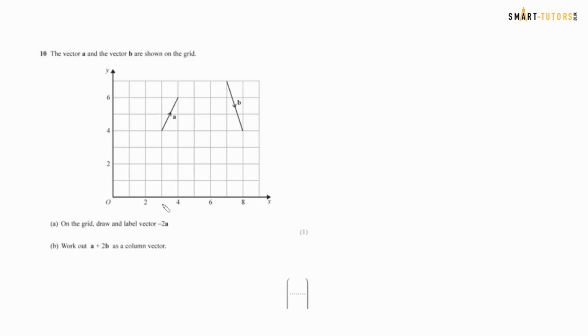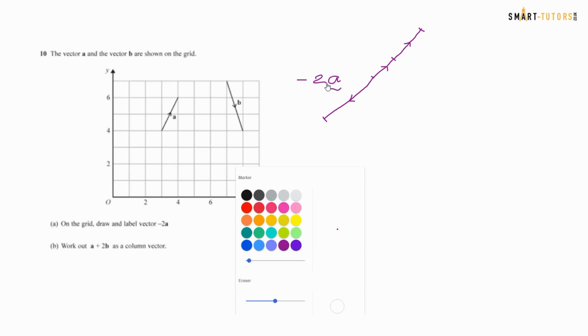So vector 2A means we need to double the size of vector A in the same direction. When it comes to negative 2A, you need to reverse the direction, 2 units backwards. So that's what I'm going to do.